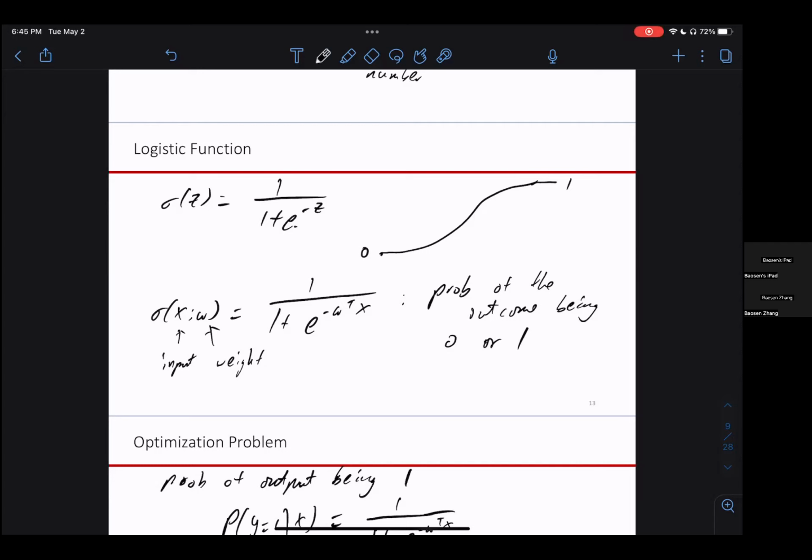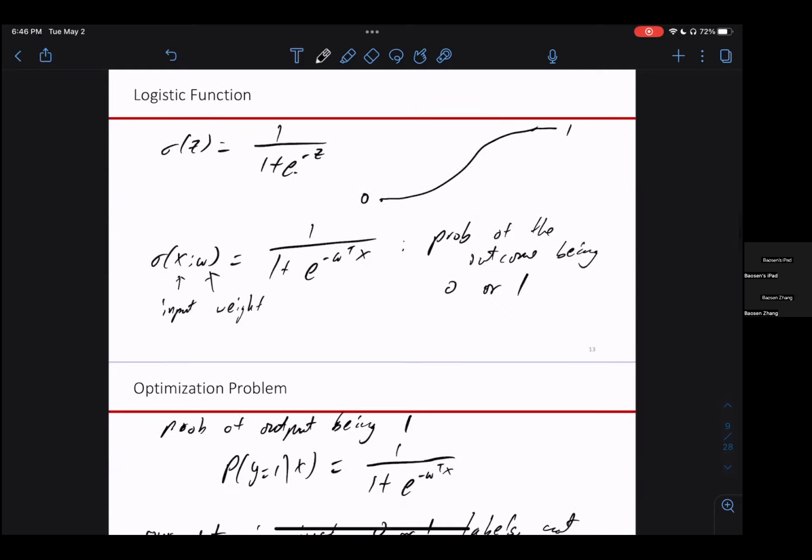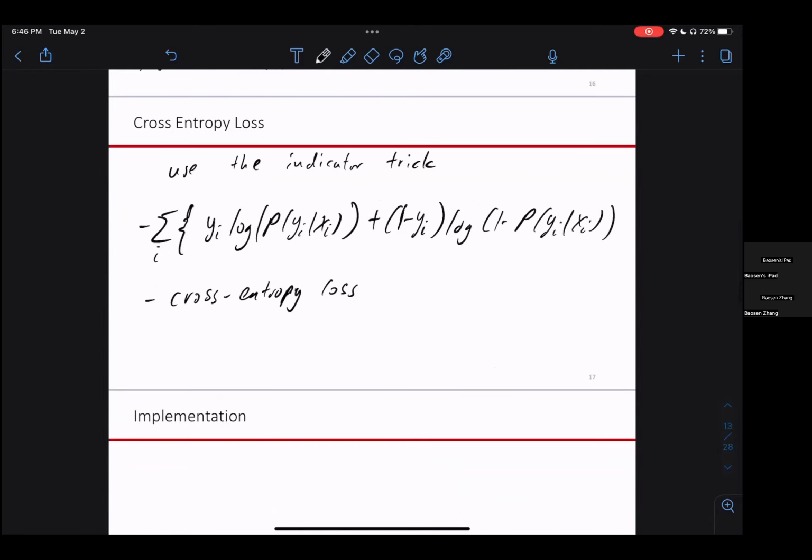Instead, I can take sigma z to be one half times 1 plus sine z. Whatever you put in, sine is between minus 1 and 1. You add 1 to it, it's between 0 and 2. You divide by 2, it's between 0 and 1.